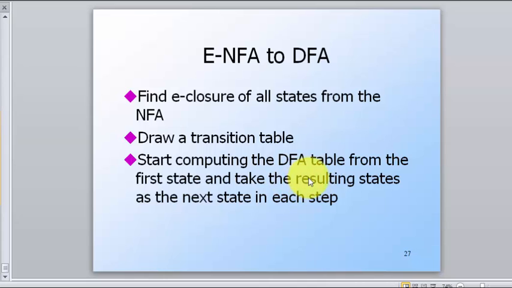This part is similar to the NFA to DFA conversion. We took the states that we got on the right side, and then computed the next state transition after taking those states. So you'll understand after I start computing.